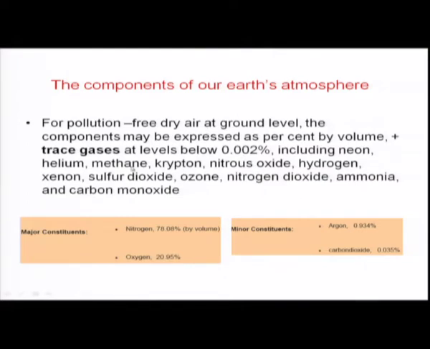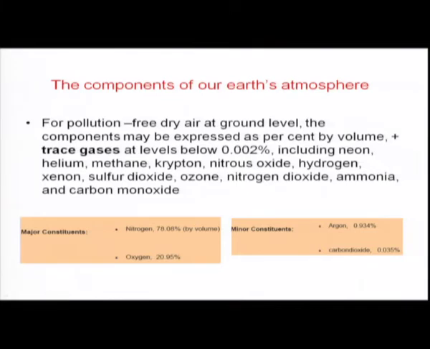The minor trace constituents like neon, helium, methane, krypton, nitrous oxide, hydrogen, xenon, sulfur dioxide, ozone, nitrogen dioxide, ammonia, are all present at a very low or trace level, which is also natural, but the main components are nitrogen and oxygen.